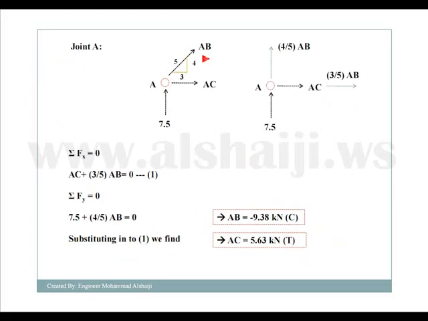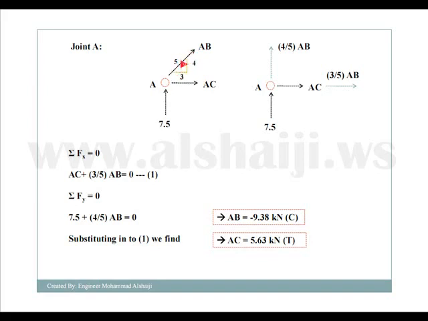I started with A. So we have the joint A, and we need to assume the following. First, we draw the joint. Second, we draw the members, AB and AC, and I will assume that the forces in these 2 members are in tension.